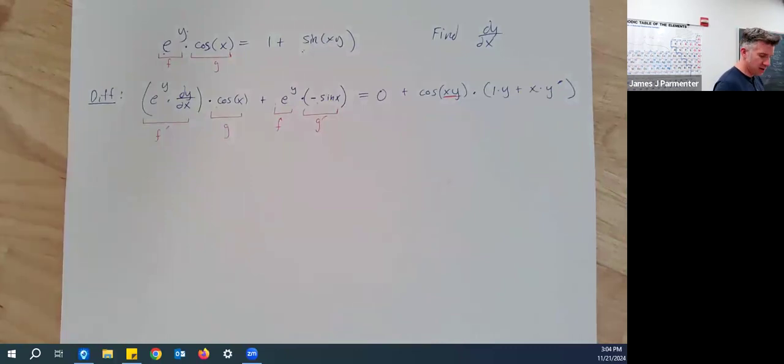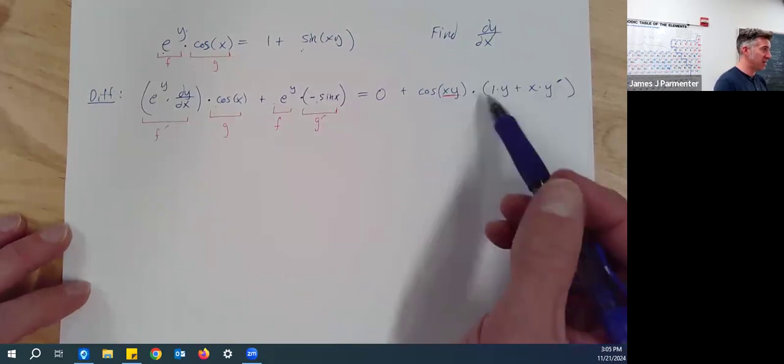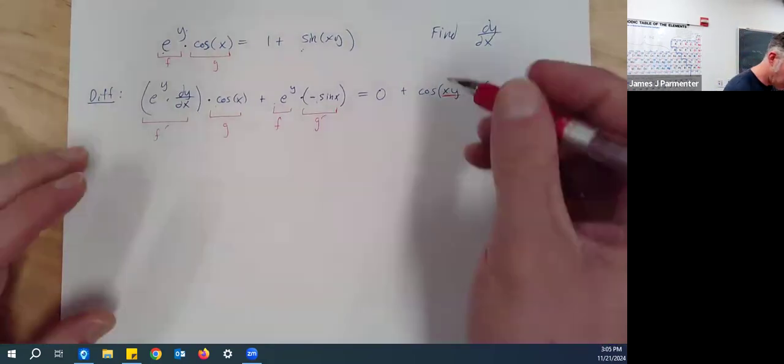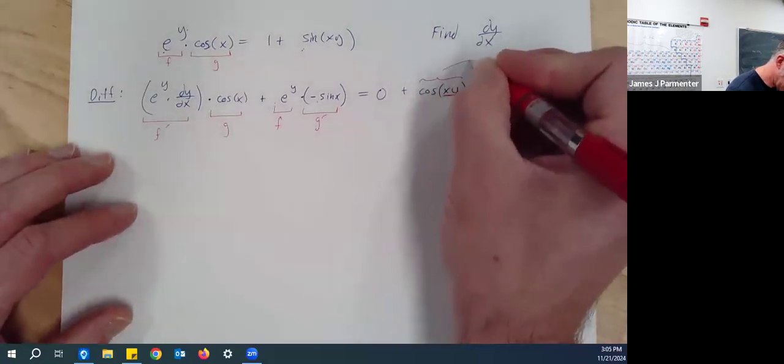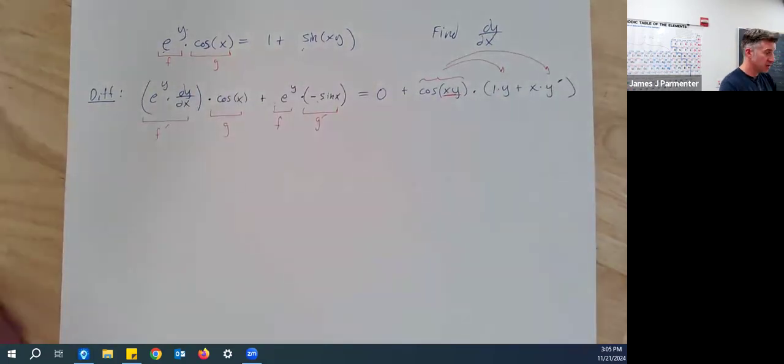After we've differentiated both sides, our job is typically to try to isolate y prime. Especially right over here, if you have a parentheses that has a y prime added to a thing that doesn't have y prime, that almost always means you have to distribute to each of those terms before you can start isolating the y primes.